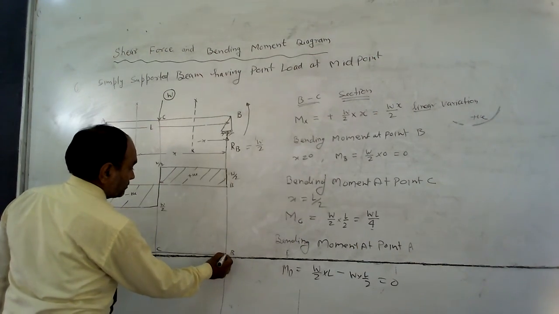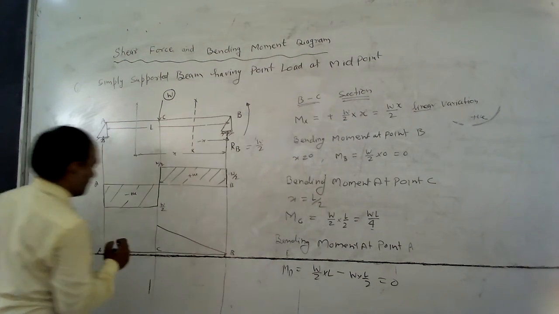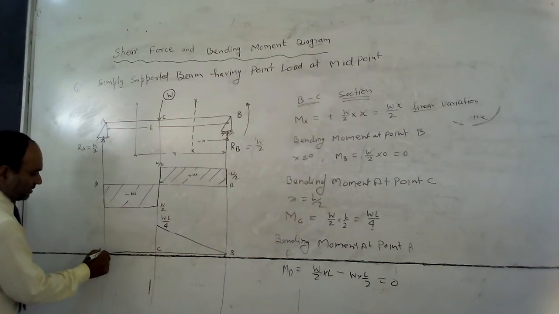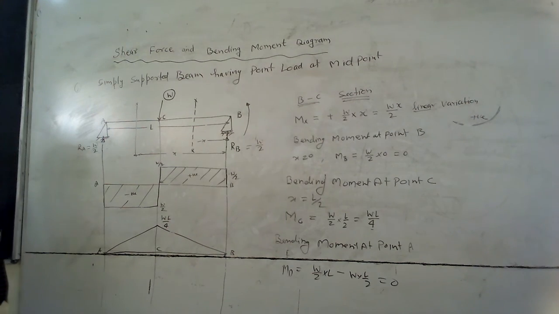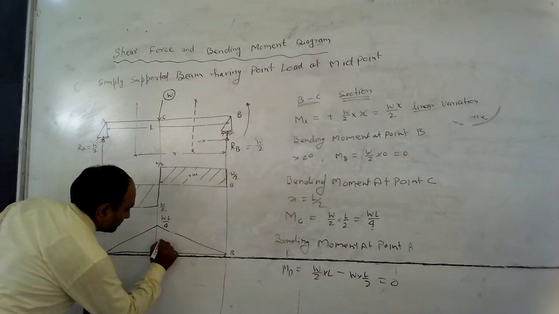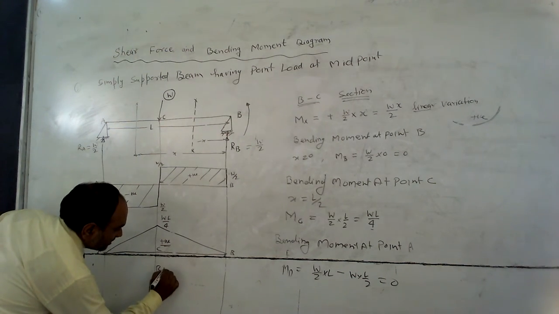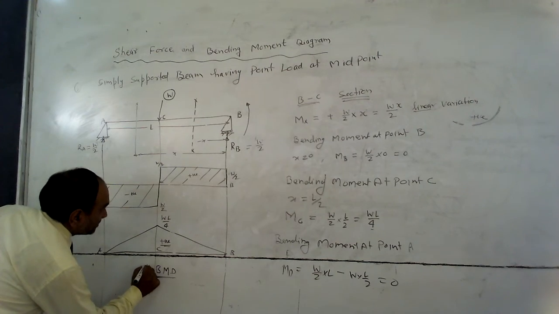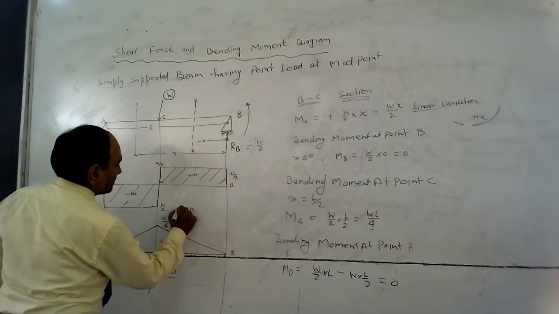So here is 0 and here is WL by 4. Here is also 0, but it varies linearly. As this value is positive, this is the bending moment diagram of the simply supported beam. This is the shear force diagram.